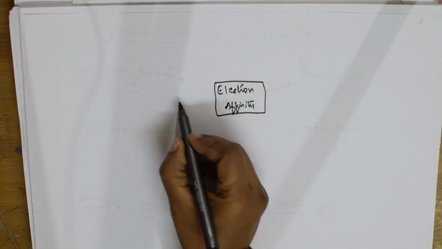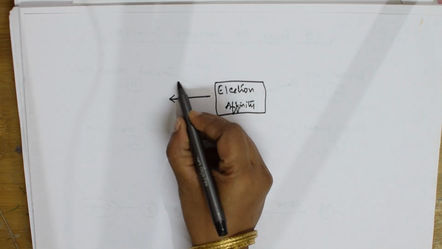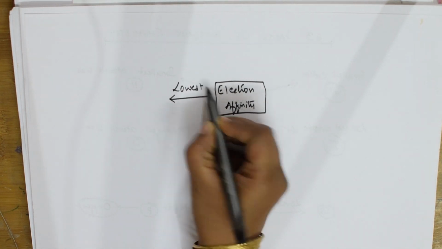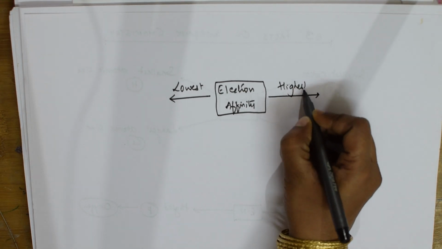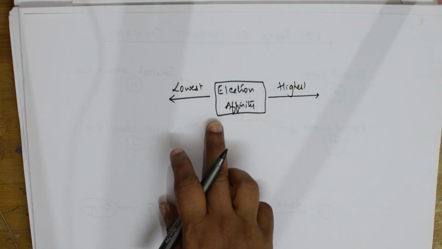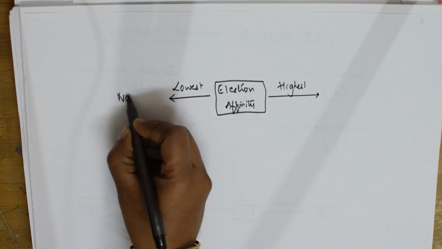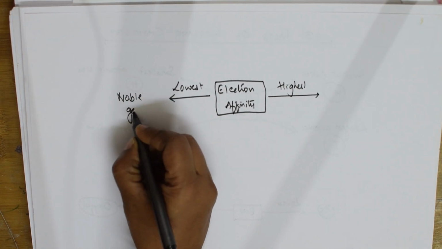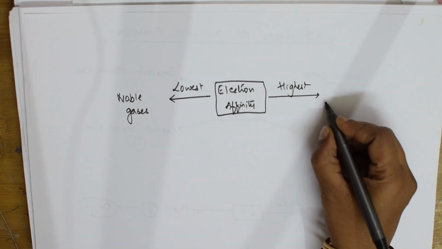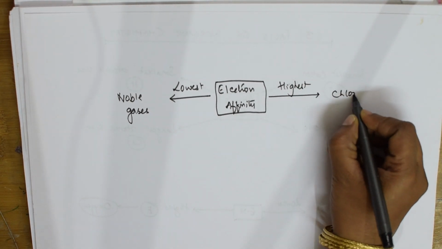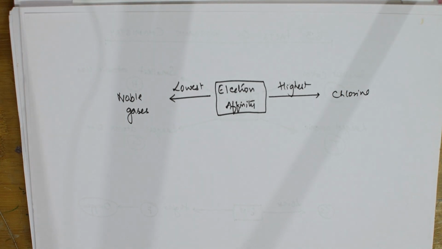On this side we'll write the lowest electron affinity element, and on this side the highest. The lowest electron affinity elements are nothing but the noble gases. We very well know noble gases have the lowest electron affinity. The highest electron affinity element is chlorine.